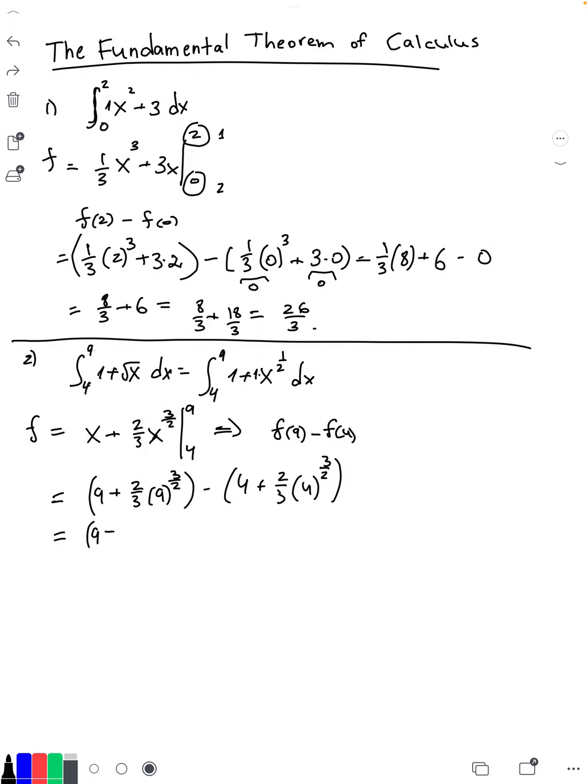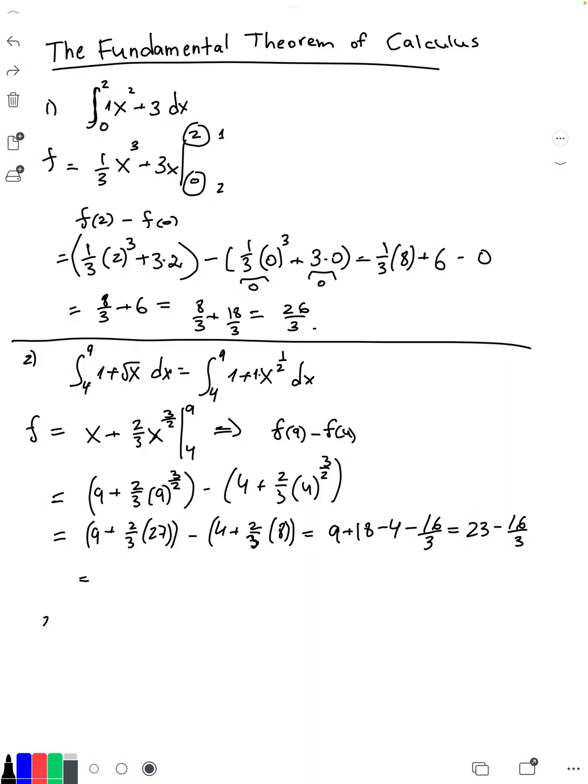So you guys can use a calculator in order to solve it. 9 plus 2/3 multiplied by 27, minus 4 plus 2/3 multiplied by 8, equals 9 plus 18 minus 4 minus 16 thirds, which basically equals 23 minus 16 over 3.